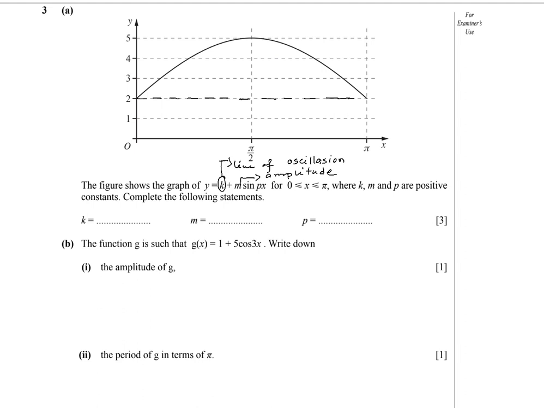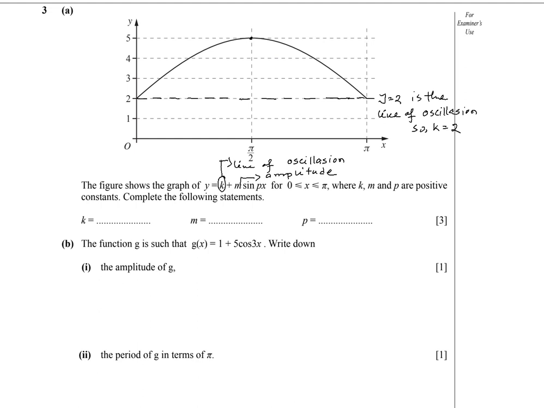This is our y equals 2 line. This y equals 2 line is the line of oscillation for the curve. This is the line of oscillation. So the value of k equals 2.